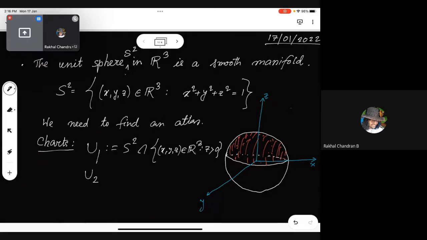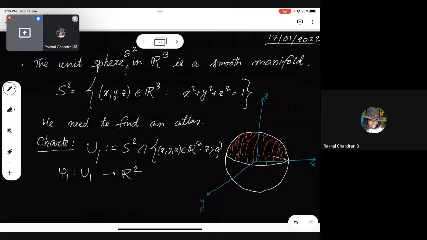And then of course, we need to give phi1. Let me define it here itself. So what will be phi1? Phi1 from U1 to R2 will be just the projection onto the z equals 0 plane. Is this fine, everybody?